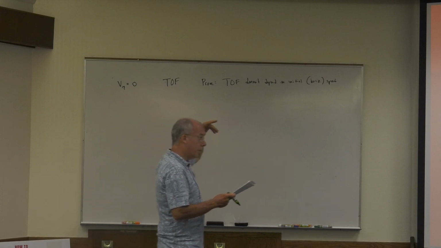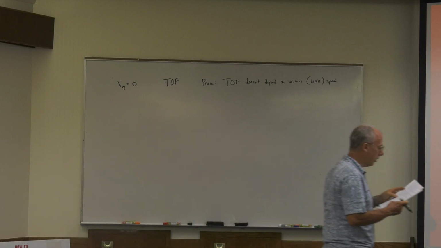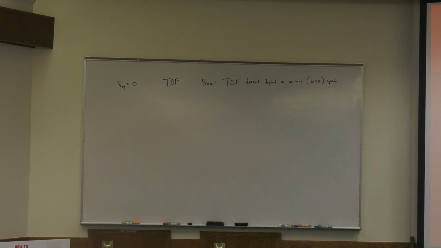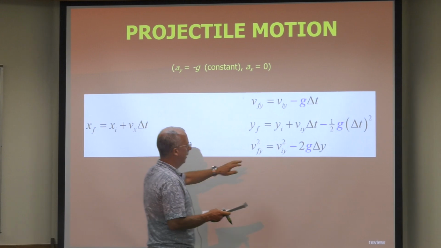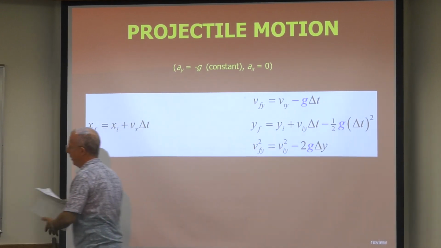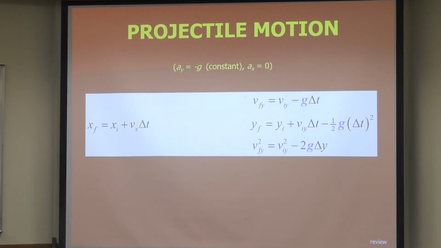Okay, so here we go. We're going to use this one because it's a good one. It has initials. So y final equals y initial plus v initial y delta t minus 1/2 g delta t squared. Great.